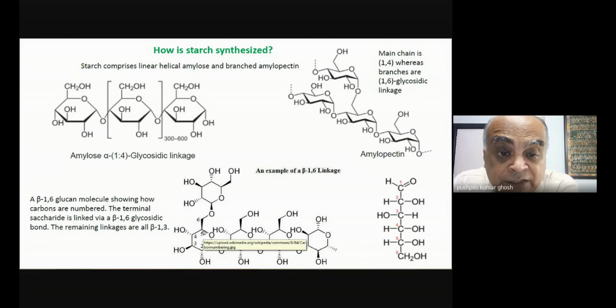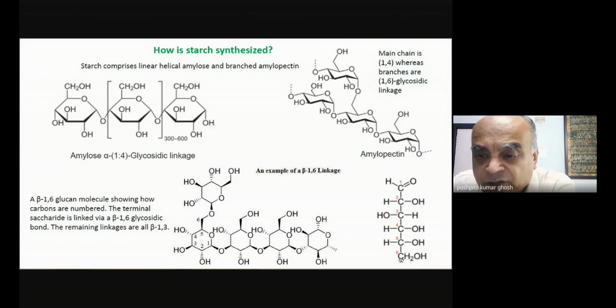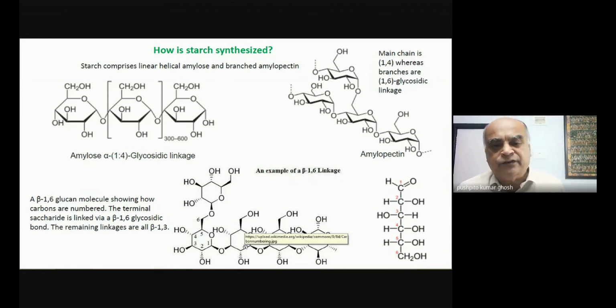That means this is the 6th carbon, which was sticking out from 5. This one's oxygen and this one's oxygen. This is number 1 carbon, this is number 6. So this linkage is the 1,6 glycosidic linkage, and this one is the 1,3 glycosidic linkage.